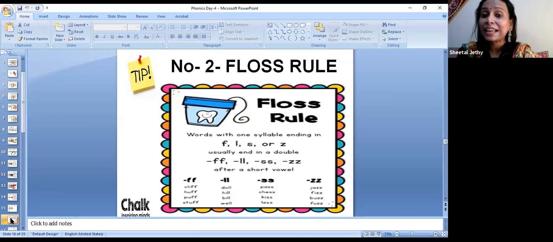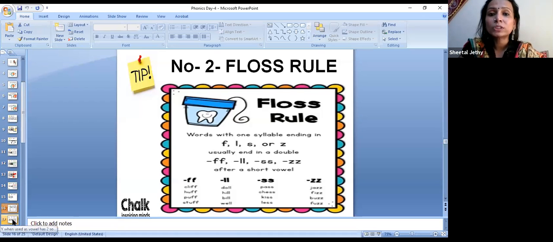Ending with L: doll, hill, bill, well. With S: pass, chess, kiss, less. Ending with Z: jazz, fizz, buzz, and fuzz. So this is called the floss rule.